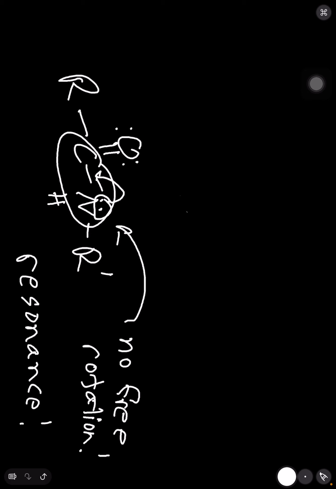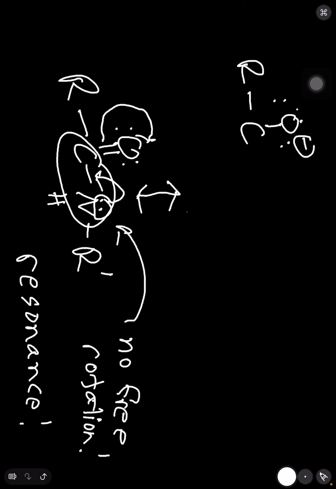That would give carbon 5 bonds, but it could move a pair of pi electrons up here. And if it did that, it would form this resonance structure, right?